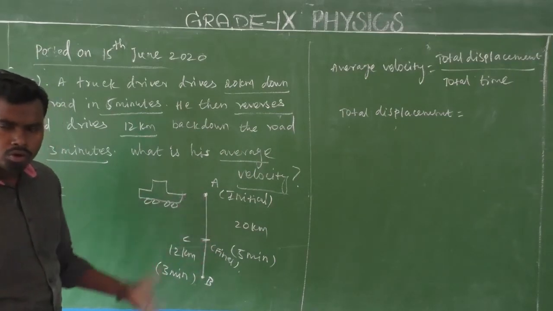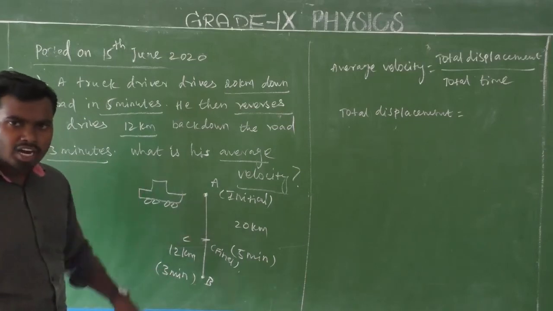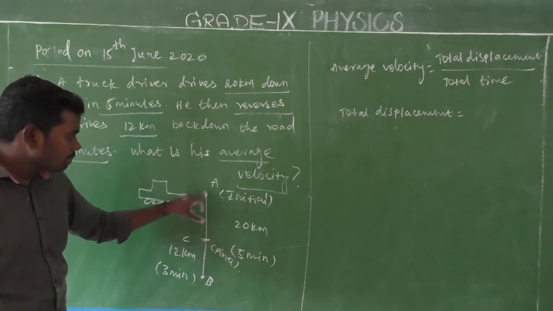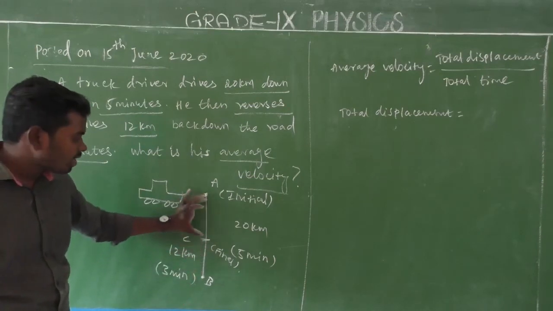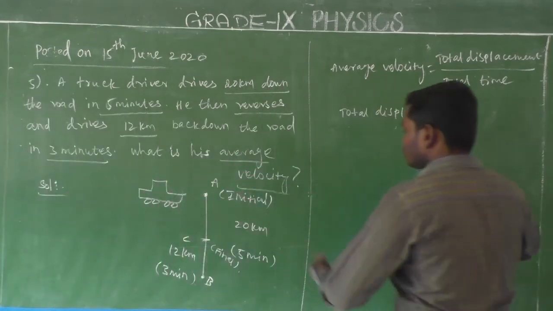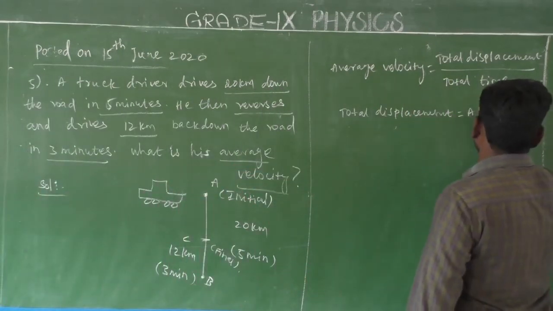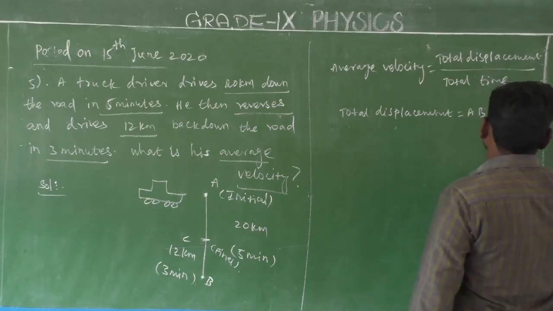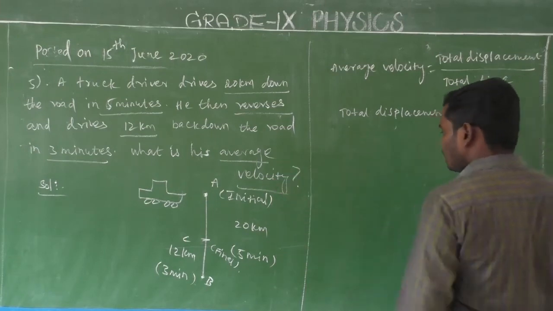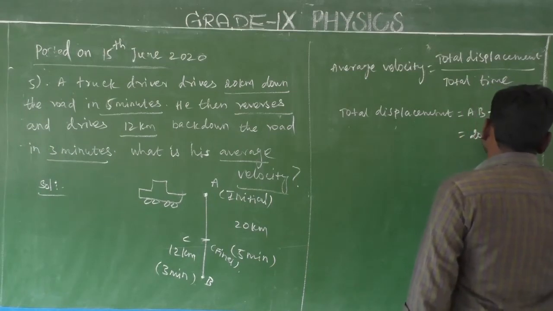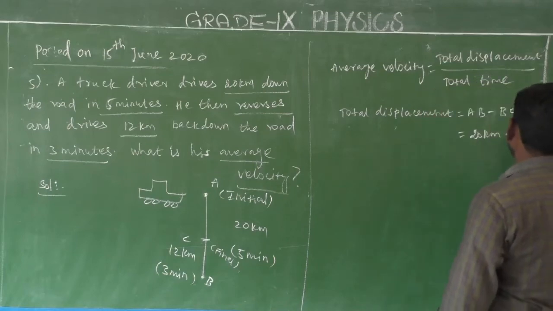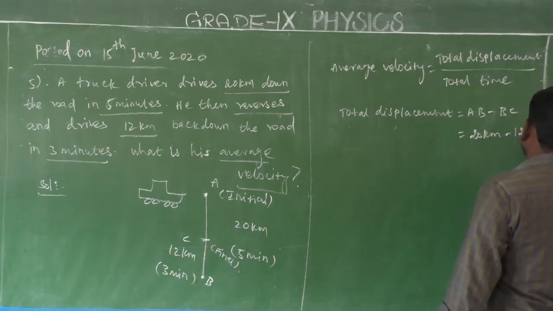Do you know this value? No, we don't know this value. But instead, we know the AB value and the BC value. So if we subtract BC from AB, we can get the AC value. Yes, utilize that. So the total displacement is equal to AB minus BC. AB is 20 kilometers minus BC 12 kilometers.